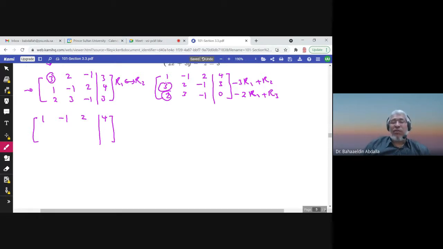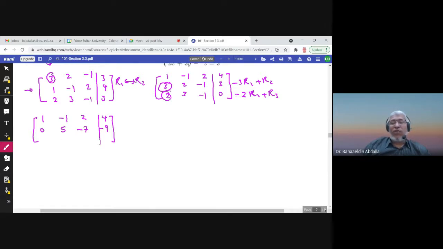Negative 3 times 1 plus 3 is 0. Negative 3 times negative 1 plus 2 is 5. Negative 3 times 2 is negative 6 plus negative 1 is negative 7. Negative 3 times 4, negative 12 plus 3, negative 9. Now row 3.